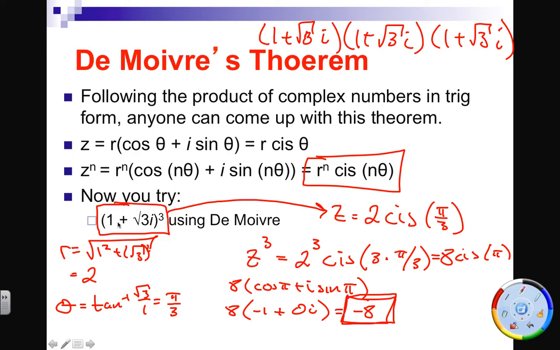Well, the cube of this is -8, which actually means the cube root of -8 is this. Well, that's kind of weird. We've never taken a cube root of -8 and gotten a complex number before. So this, to me, is one of probably the coolest things that we're going to do here, is actually taking the roots of numbers.